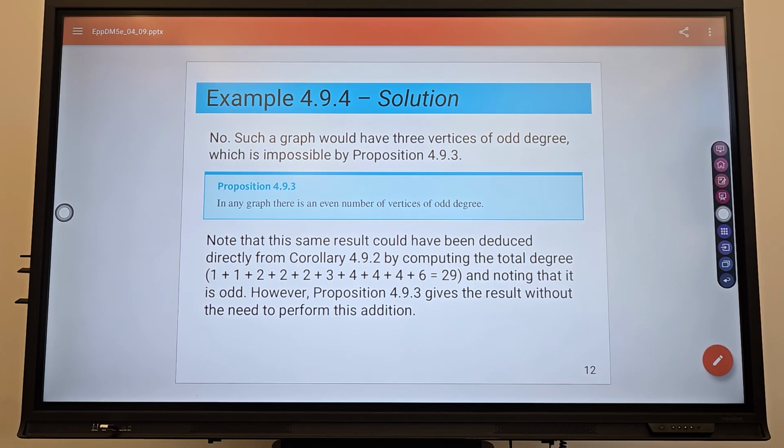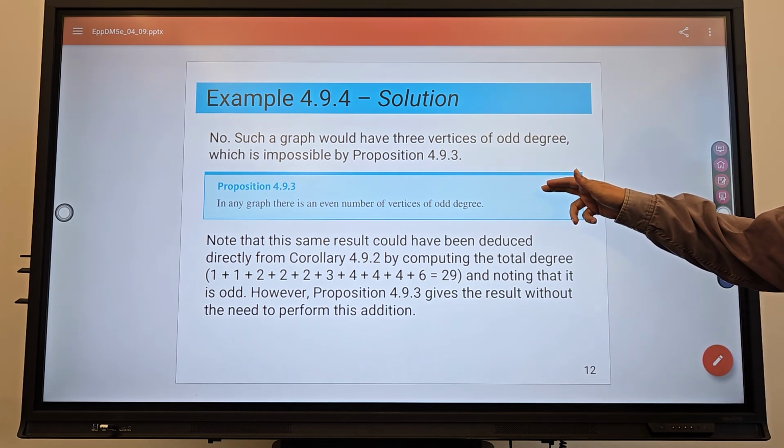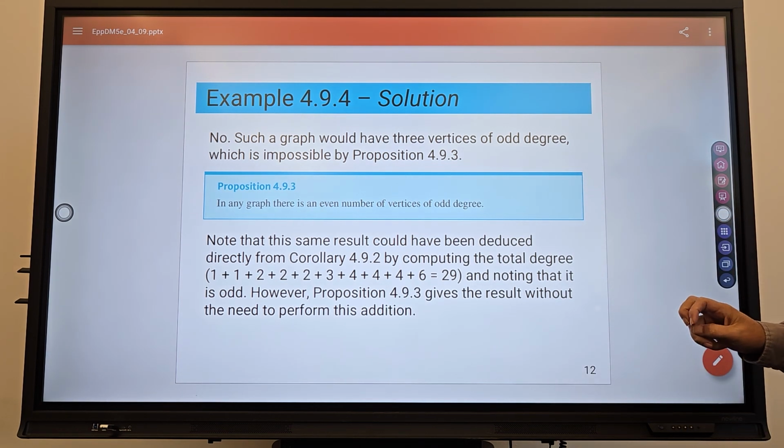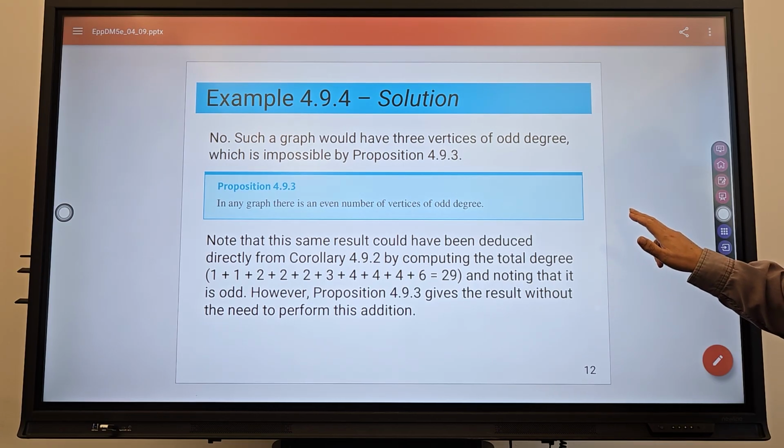The same result could be deduced by adding up the total degrees, which is 29, which is odd. But proposition 493 gives a result without needing to perform this addition.